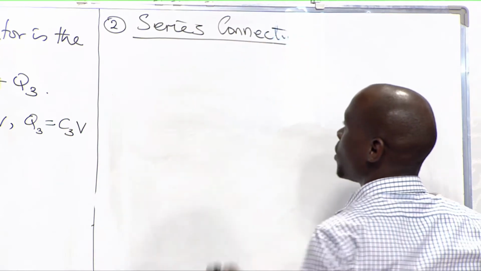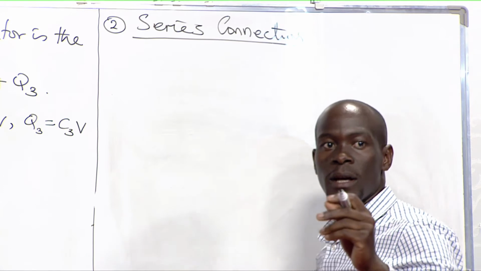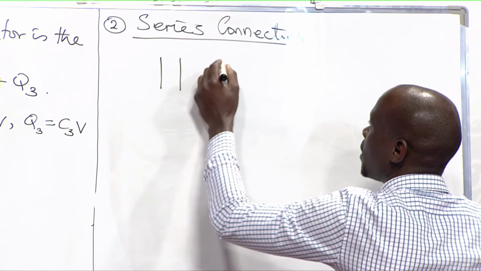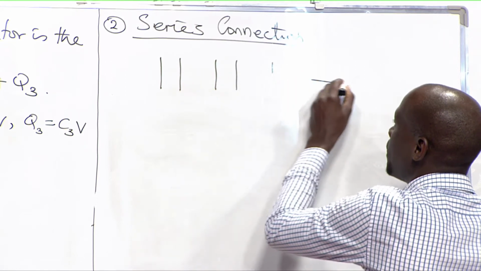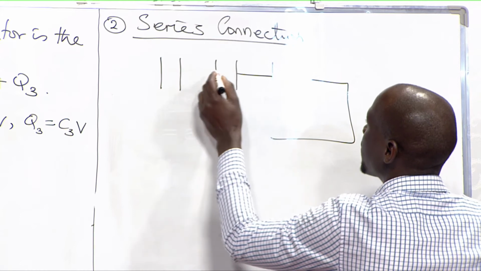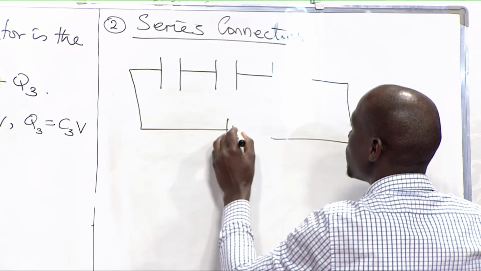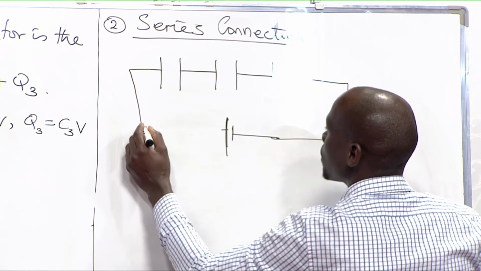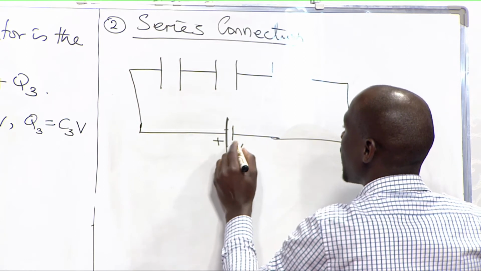For series connection, we shall get our PD source and connect it across these. Imagine we have, let me have 3 of them, and they are connected like this. I think you can see what we're saying. They are connected end to end. This is the positive terminal of the battery. This is the negative terminal.